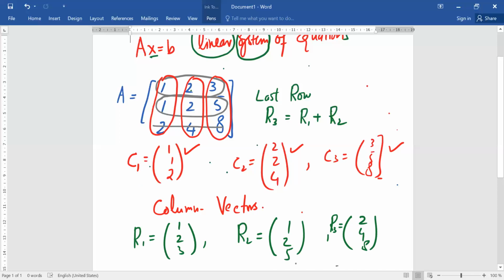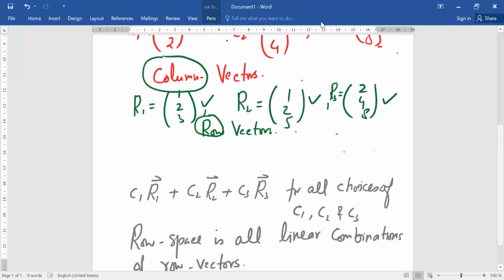So these are row vectors. Although they both are vectors, one is a column vector and the other one is a row vector. That's what I'm ticking with the green one. And the red ones are the column vectors. So I can make column vectors from a matrix. I can make row vectors from a matrix. It's my choice.